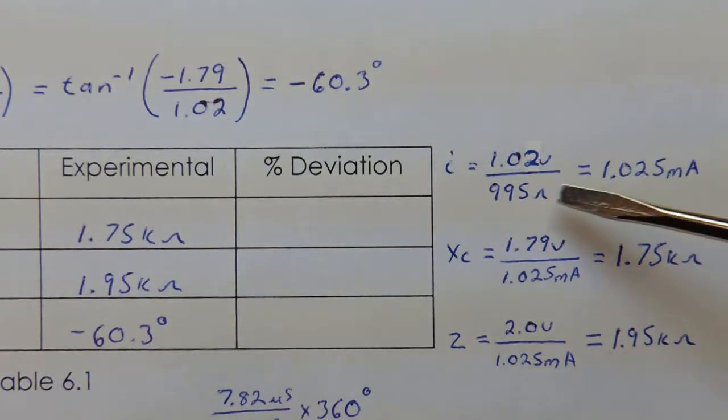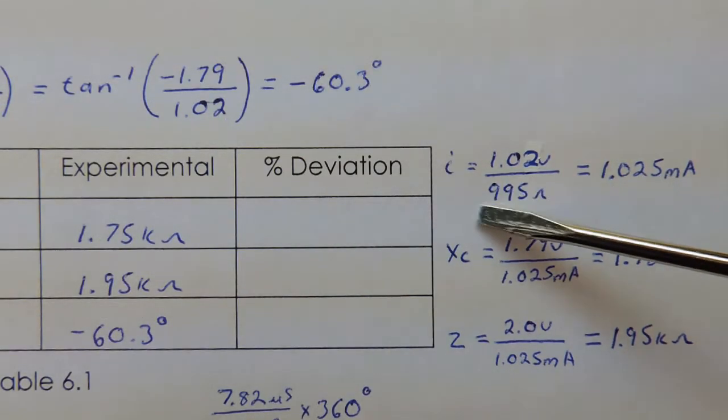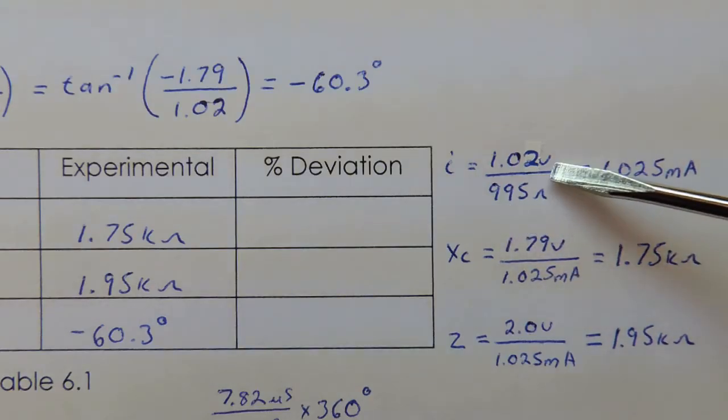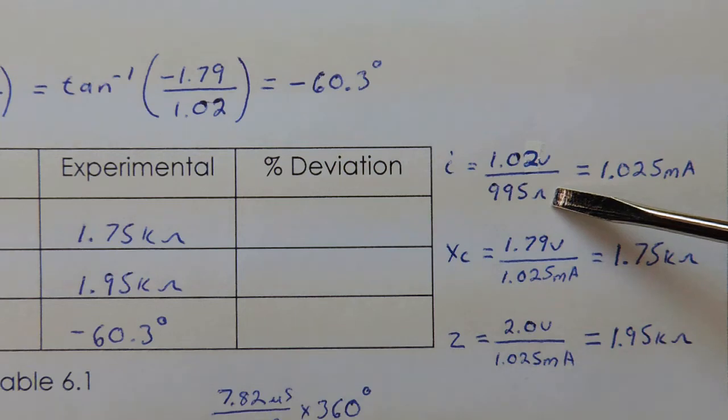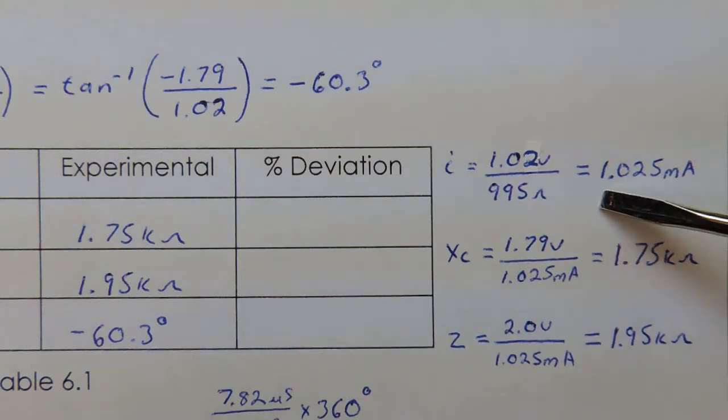So you can see for my calculations, I is equal to 1.02 volts, that was peak to peak, divided by my resistor, and that's the measured value of my resistor, and that came out to be 1.025 milliamps.